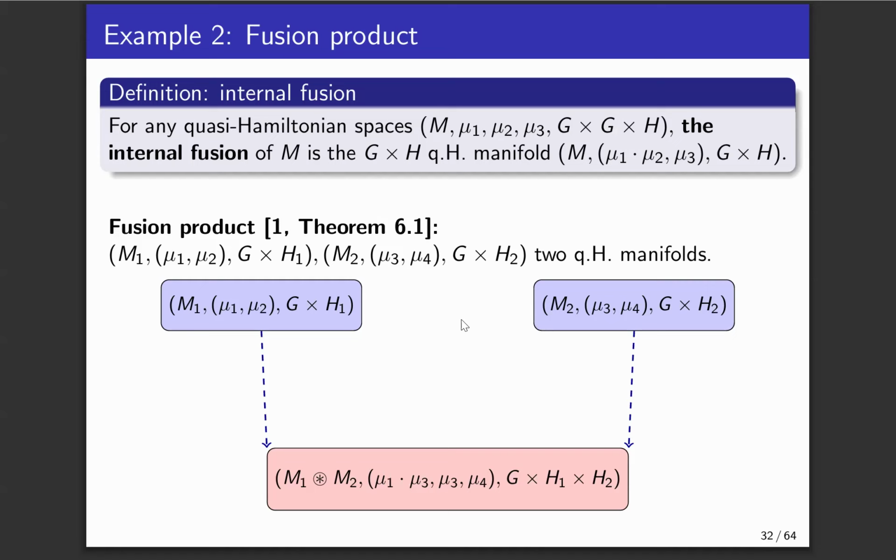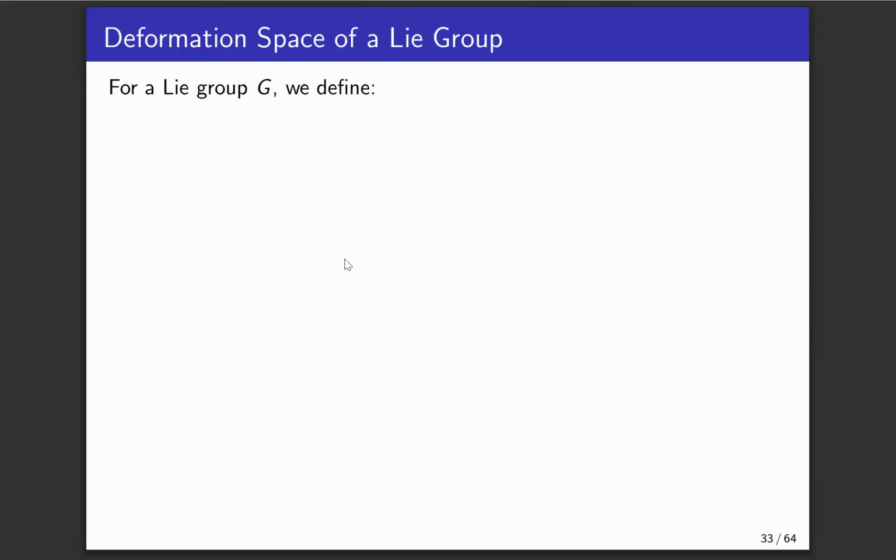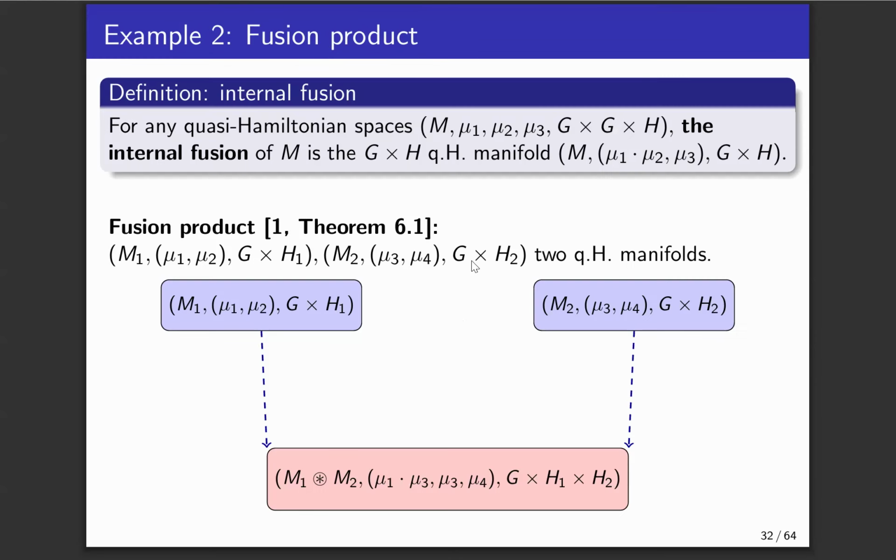So imagine that we have two manifolds M1 and M2, where M1 is a G times H1 quasi-Hamiltonian manifold, and M2 is a G times H2 quasi-Hamiltonian manifold. Then the fusion product of M1 and M2 is simply M1 times M2, on which we apply the internal fusion to the G copies.